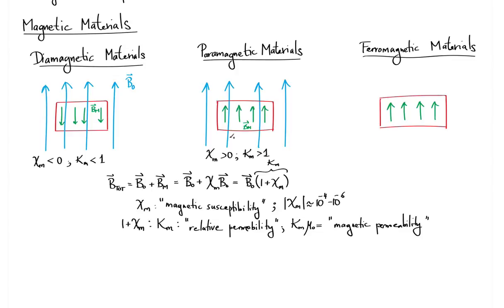So if I applied a 1 Tesla magnetic field to a typical paramagnetic material, the field inside would be maybe like 1.00001 Teslas, or for a diamagnetic material, that 1 Tesla field might get knocked down to a 0.9999 Tesla field. So it's generally a pretty small effect, okay? So chi sub m is pretty small for dia and paramagnets.